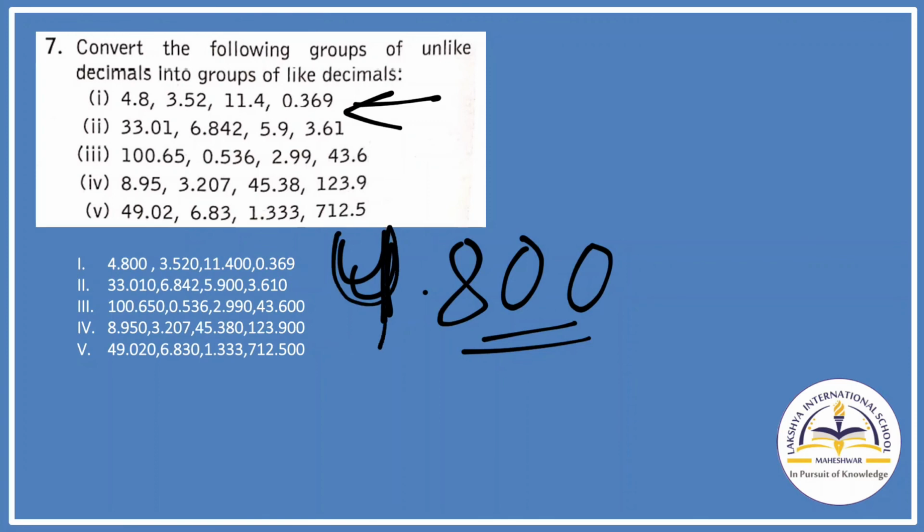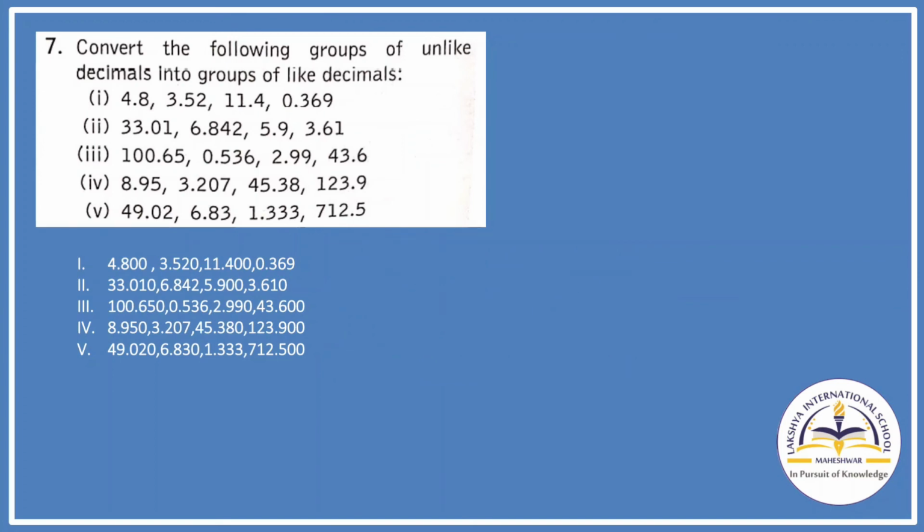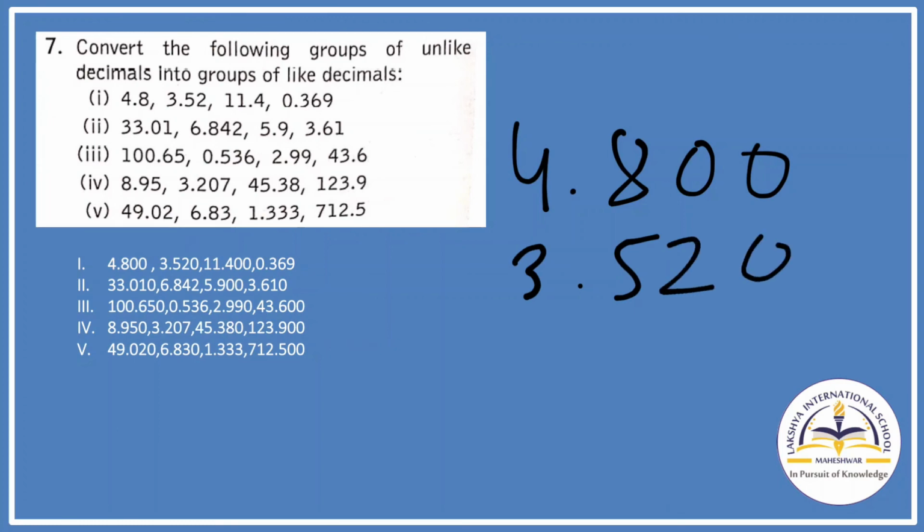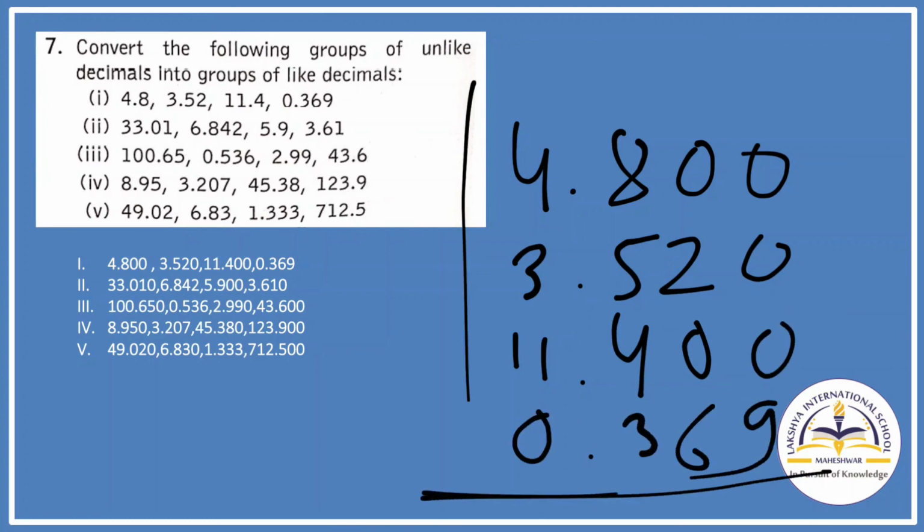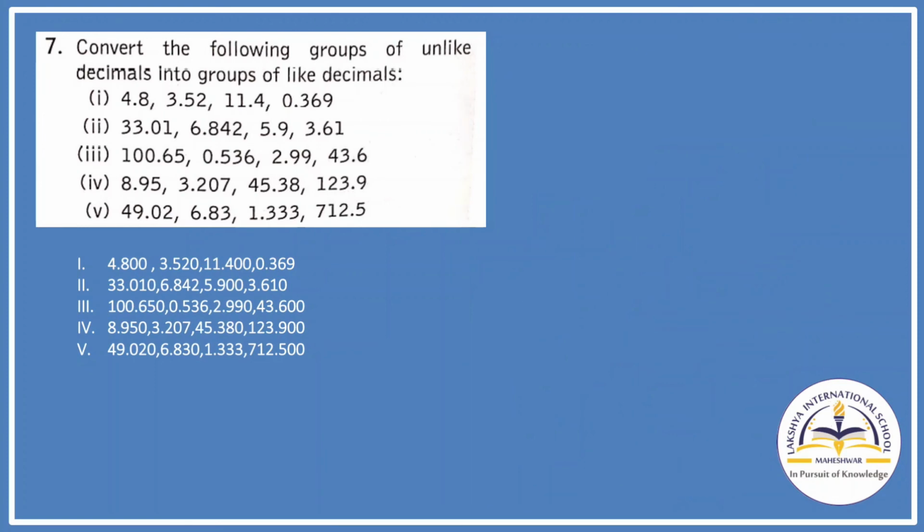So in the same manner for other numbers also we have to put 3 digits after the decimal. So you can use 0, because when you put the 0, it will be the equivalent decimal for the given number. So first there will be 4.800, and then for 3.52, then 0, 11.4, then again 00, then 0.369. This will be the answer for the first question.